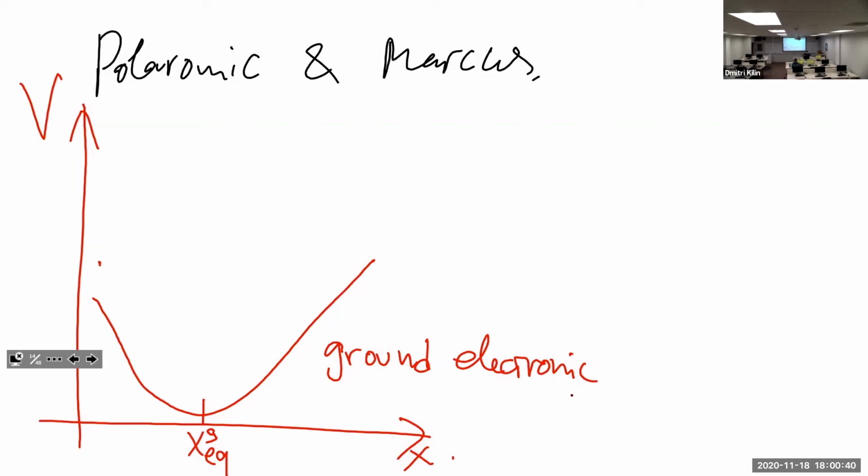It's not the position of an electron, it's the distance between ions, or something that describes distance between atoms or direction.